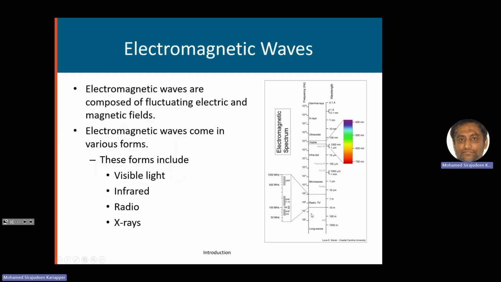First, some introduction to electromagnetic waves, very briefly. The light we receive from the sun is an electromagnetic wave. What is an electromagnetic wave? These are waves that consist of fluctuating, meaning changing, electric and magnetic fields.